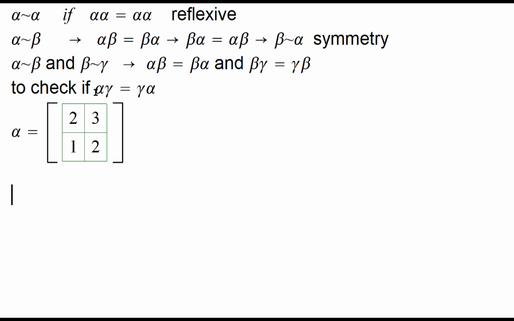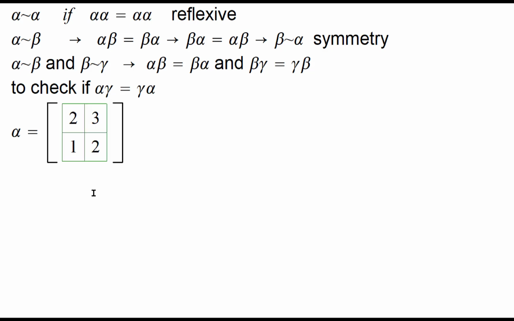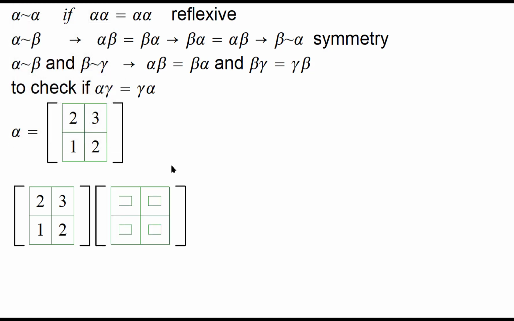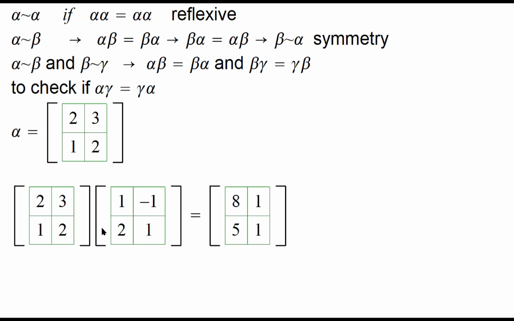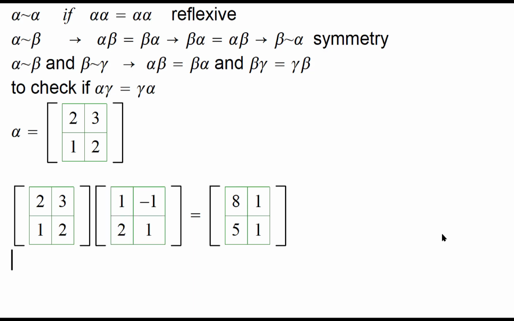Say we tried many ways and it didn't work. For instance, say I take any other matrix here, for instance 2, 1. You can see very likely these guys don't commute.